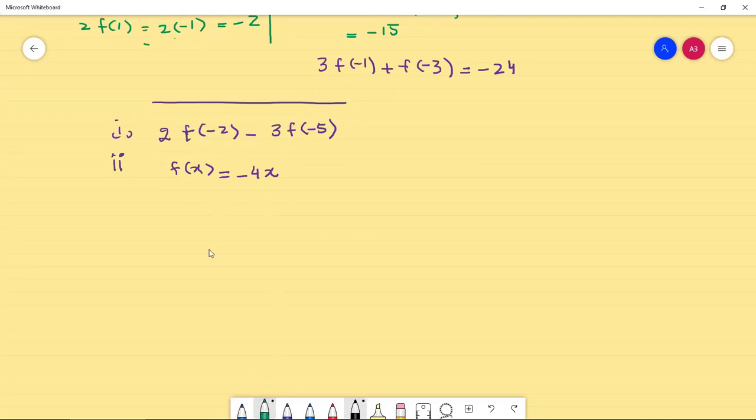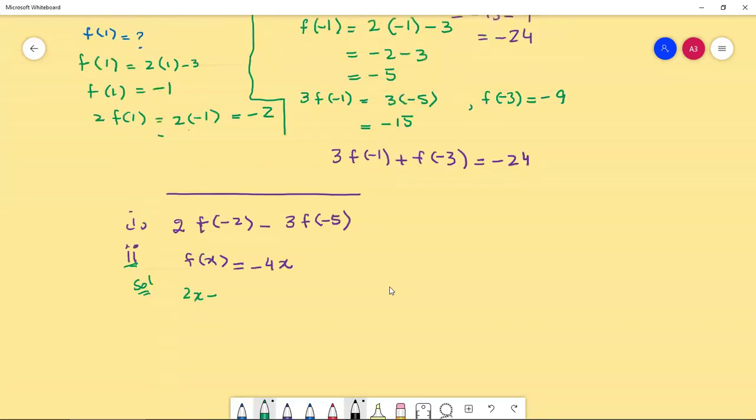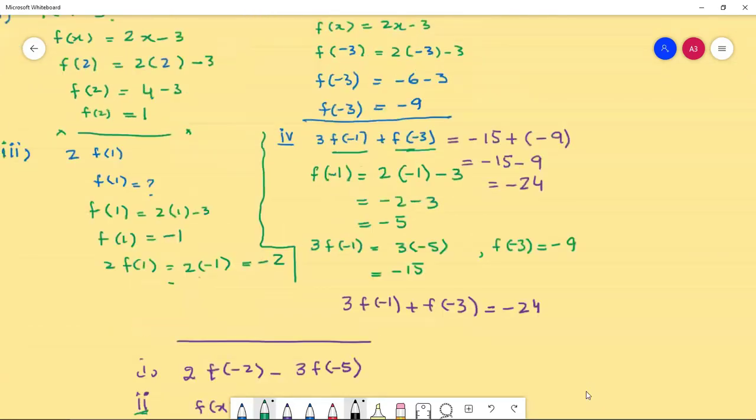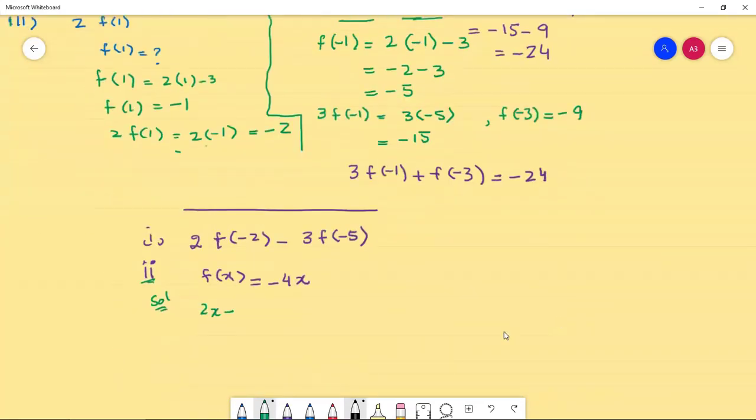Okay, now look at part number 2. How can we do this one? Here, if you look at this, this is f of x. There is no 2, negative 1, or any number. So simply f of x. We have f of x above, which is 2x minus 3.